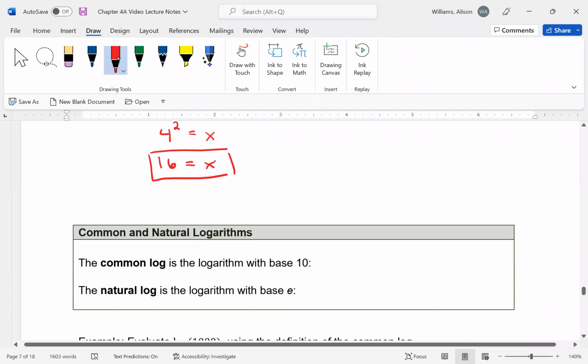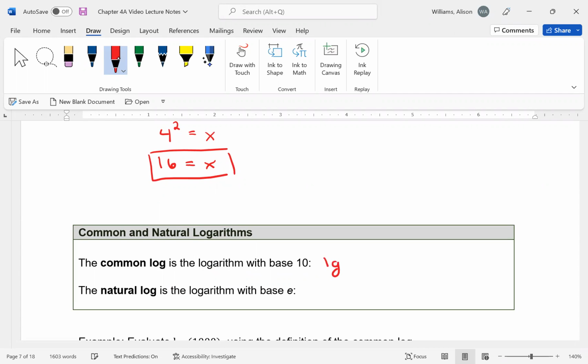Okay, now, we will get to more complicated equations later. Before we do that, there's some other important things of logarithms that we want to cover. In particular, there are 2 logarithms that are so popular that they're given special names and they are on your calculator. And the first one is called the common log. And that's when we're looking at log base 10. In other words, if you have log base 10 of something. So that's so special.